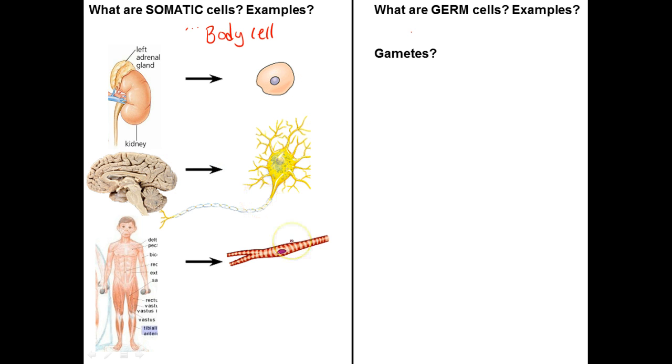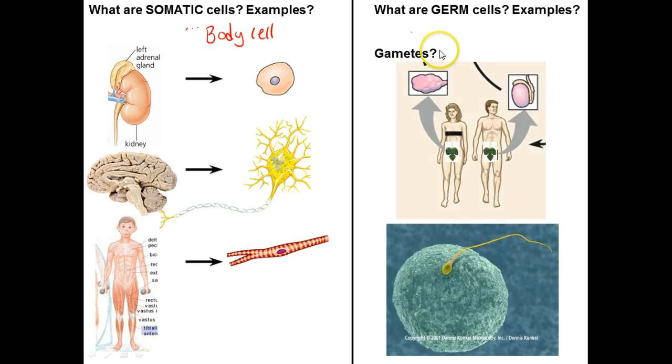Muscle is made out of muscle cells. Now, germ cells give rise to gametes, or in other words, sex cells. These sex cells are the female's egg and the male's sperm, and when they unite, you form a zygote.